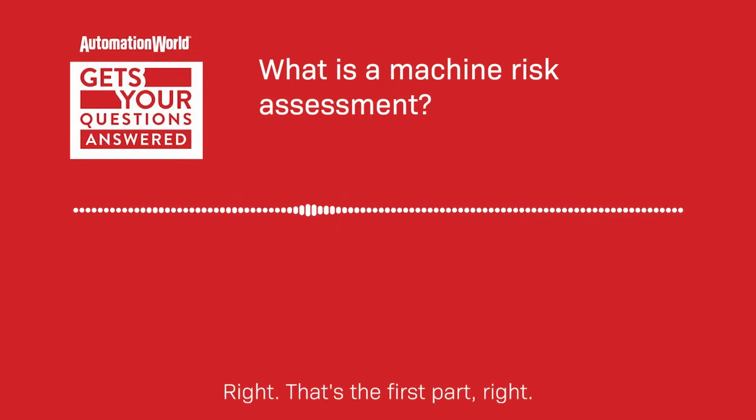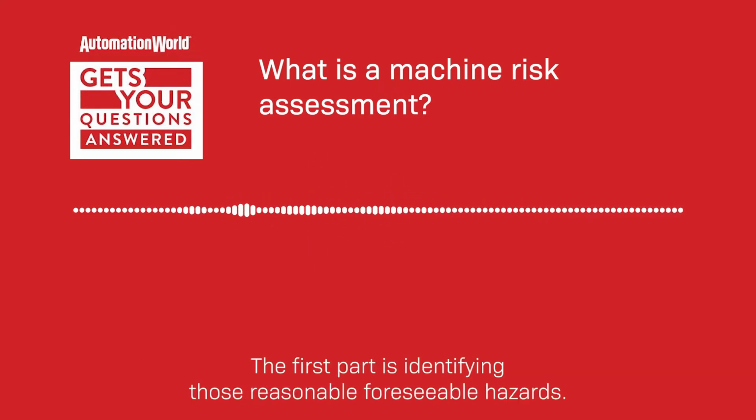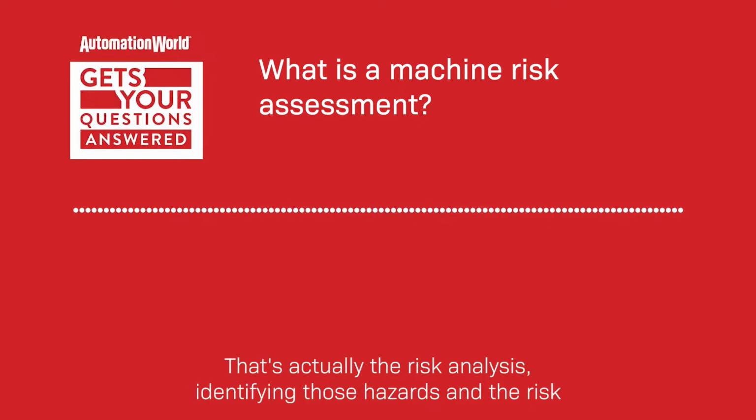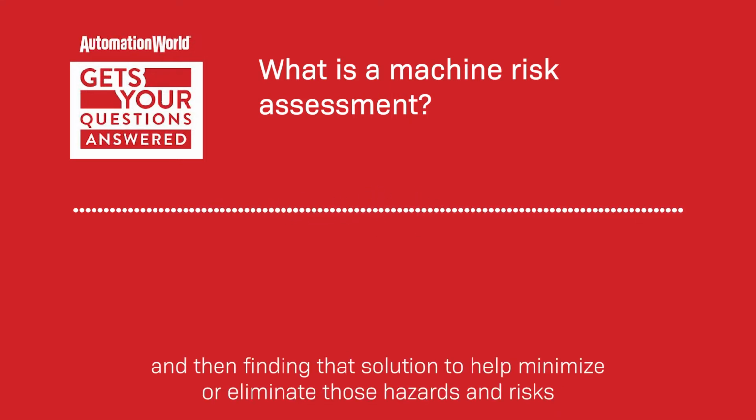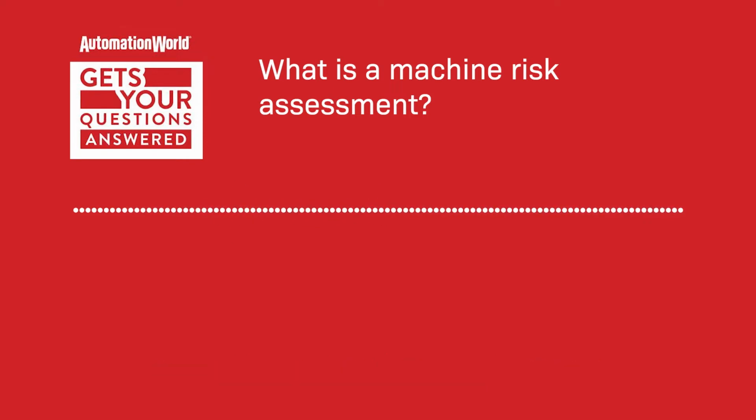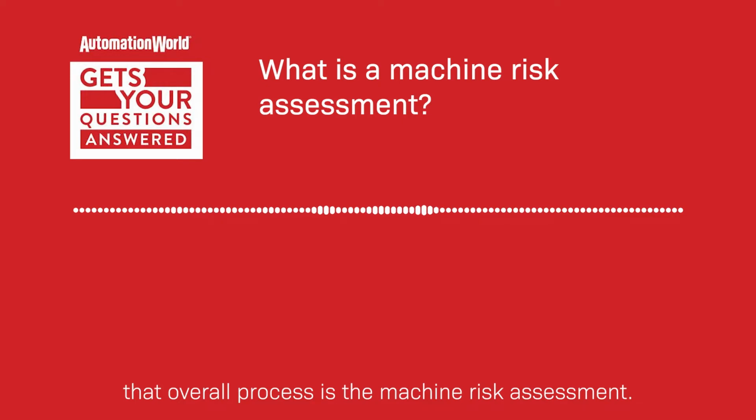That's the first part. The first part is identifying those reasonable foreseeable hazards. That's actually the risk analysis. Identifying those hazards and the risks, and then finding that solution to help minimize or again eliminate those hazards and risks. That overall process is the machine risk assessment.